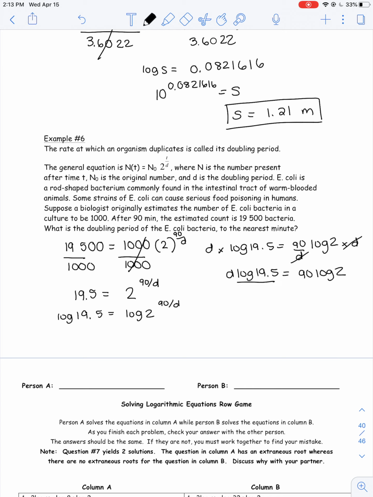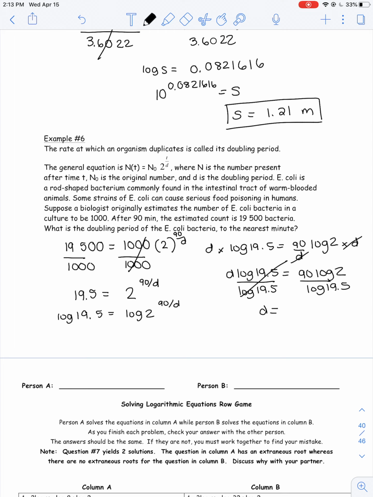And now we're going to divide both sides by log 19.5. And so D is equal to, in our calculator, we're going to put 90 times log of 2.